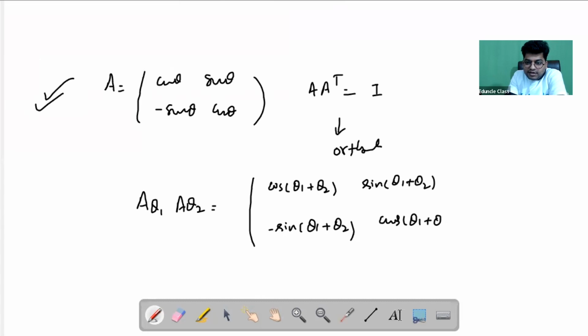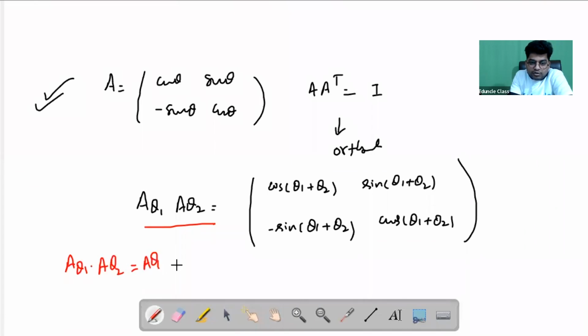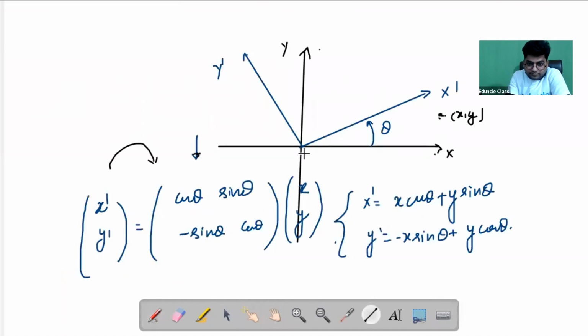I think we have discussed this earlier. So rotation matrices are always commutative, because you are rotating by this angle and then this one, or first you take the larger angle and then the smaller one, the same thing. It means rotation matrices are always commutative.